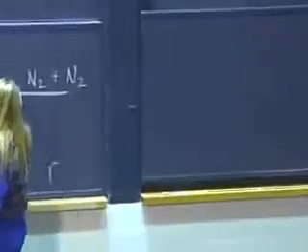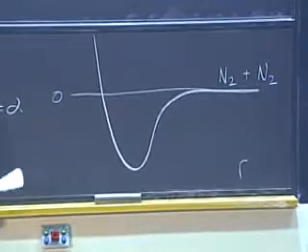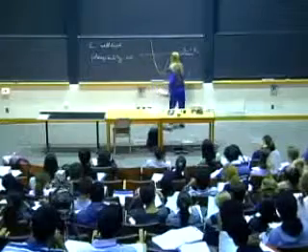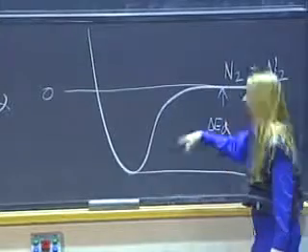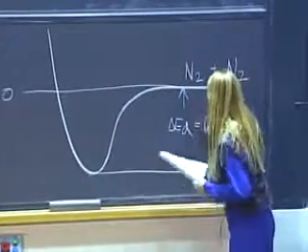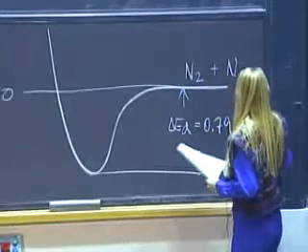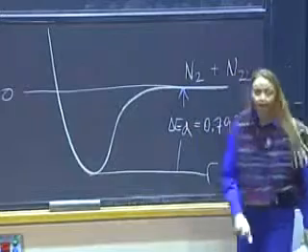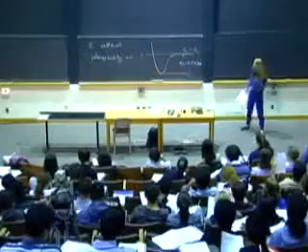This is our zero of interaction right here. And I said from that slide that this bond dissociation energy measured from the bottom of the well here is 0.79 kilojoules per mole, the bottom of the well where the molecules actually can never be. But that's the well depth.